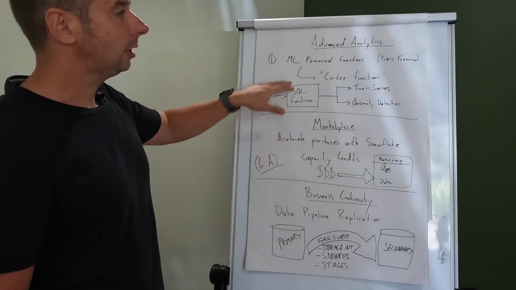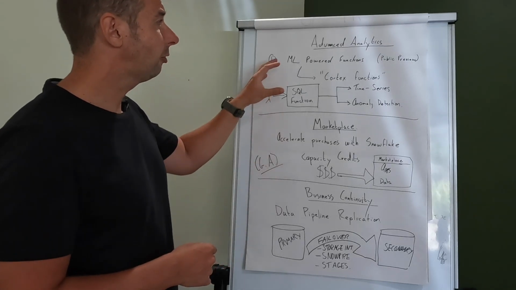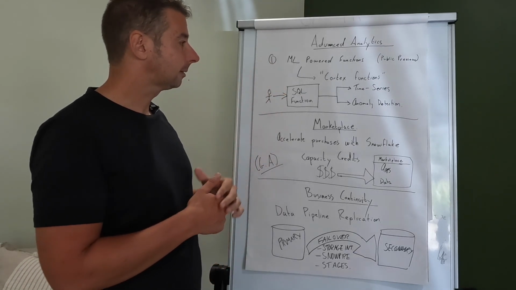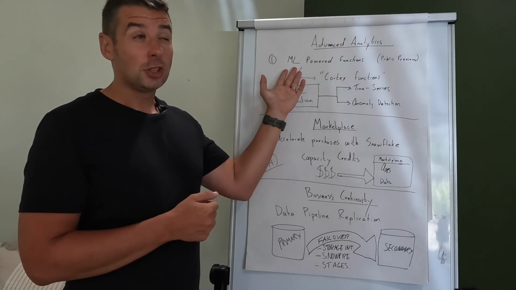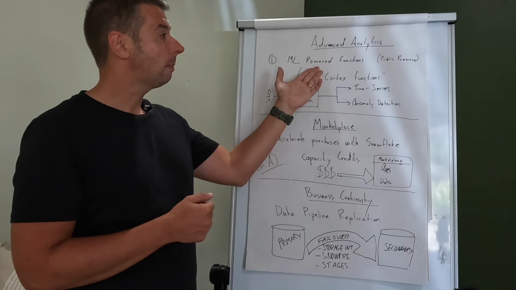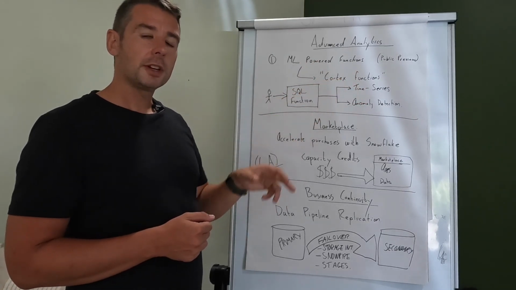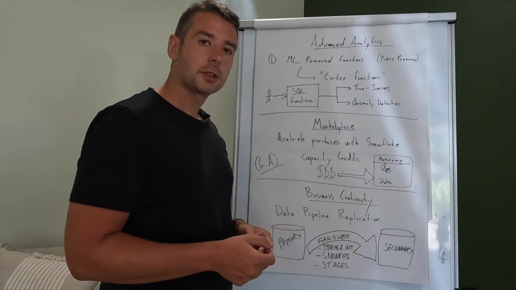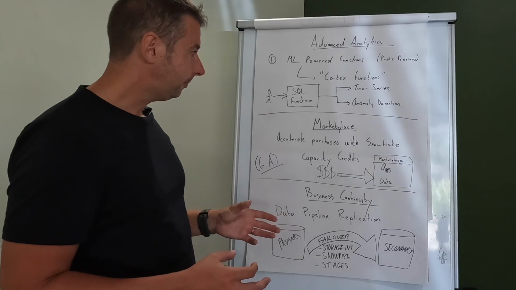3 different categories on here: advanced analytics, marketplace, and business continuity. And the first one in advanced analytics, I just wanted to point out, it was announced in Summit in June. At that time it was called ML powered functions. It's now referred to as Cortex functions, or even in some cases specialized Cortex functions, as Snowflake starts to evolve the AI ML space even further.